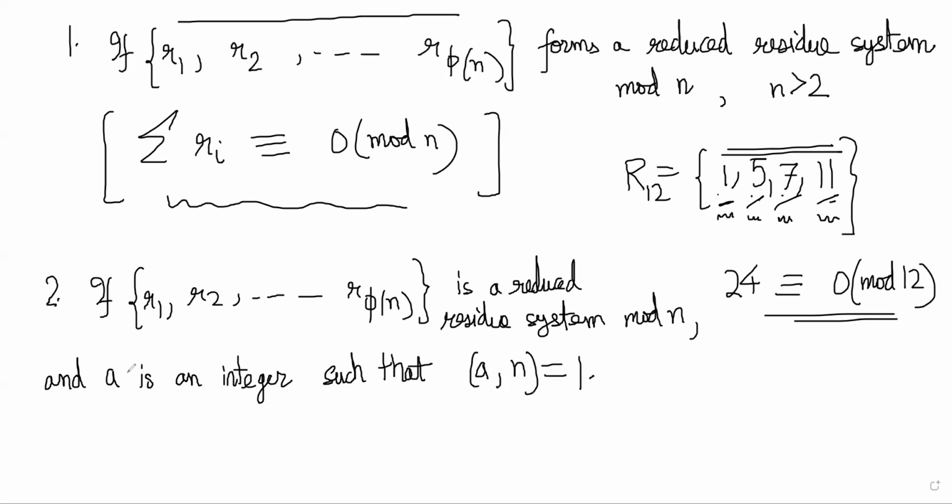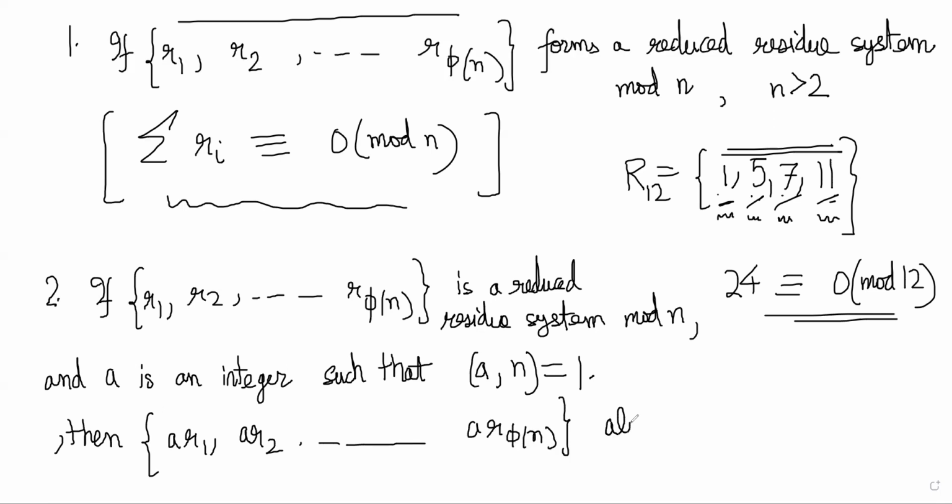So a is any integer that is co-prime to n. Then if you multiply each of these with a, a r1, a r2, a r phi n, all of this also forms a reduced residue system mod n.